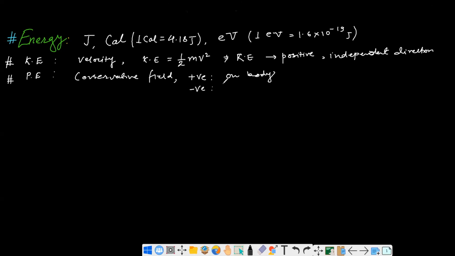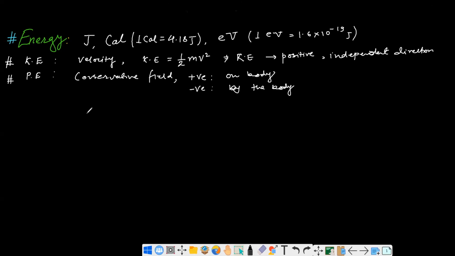And if the work is being done by the body, then at that time the energy can be taken to be negative. Okay, so here we have some other types of discussion for the potential energy in the gravitational field, similarly potential energy in the electric field, and so on.